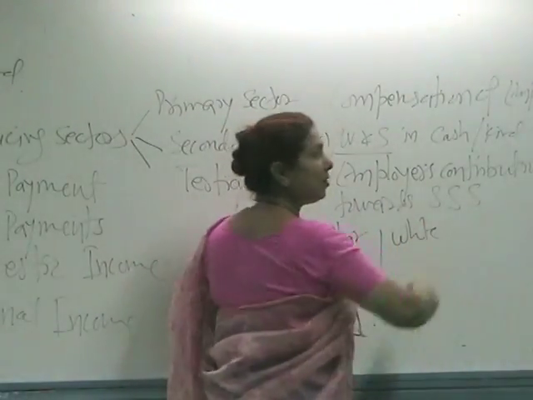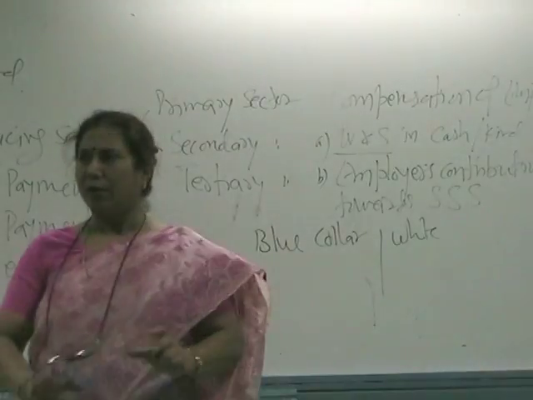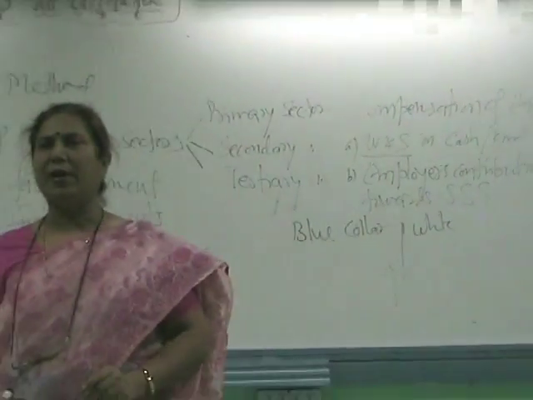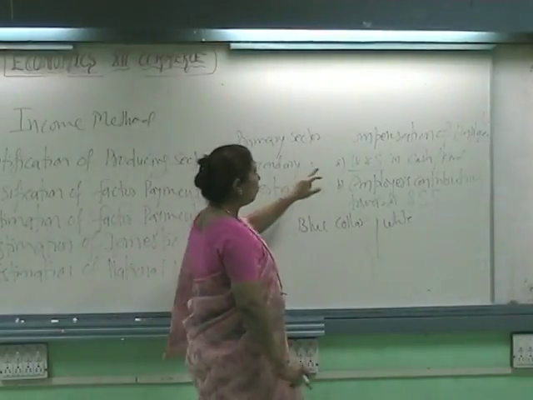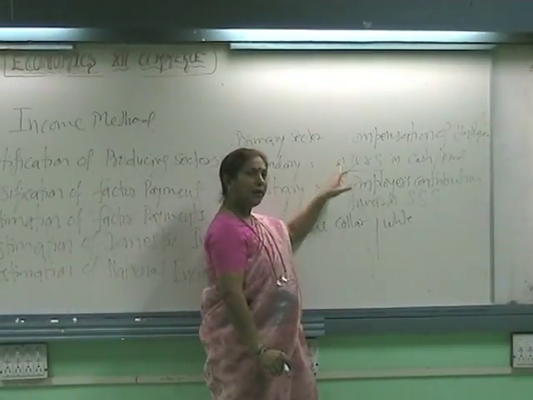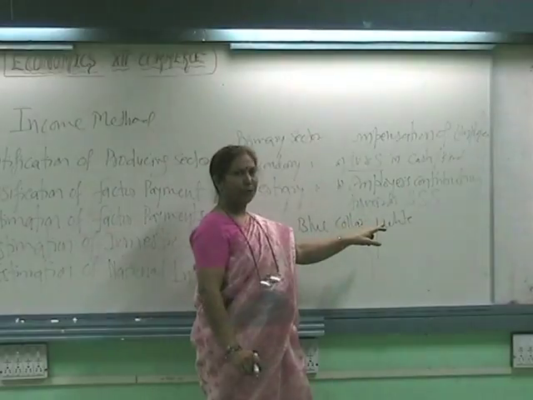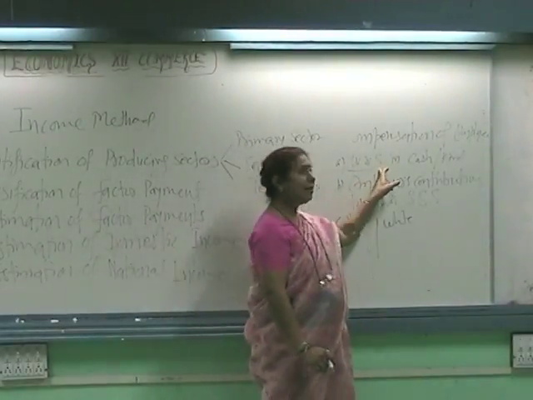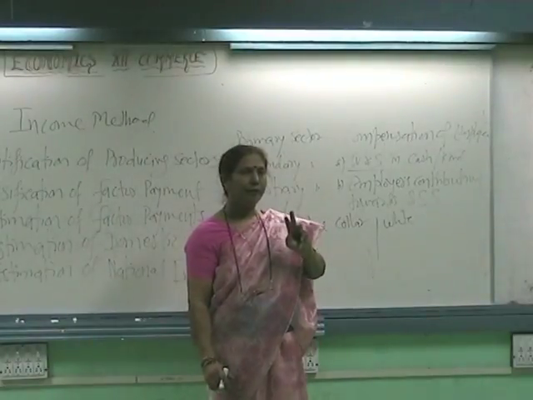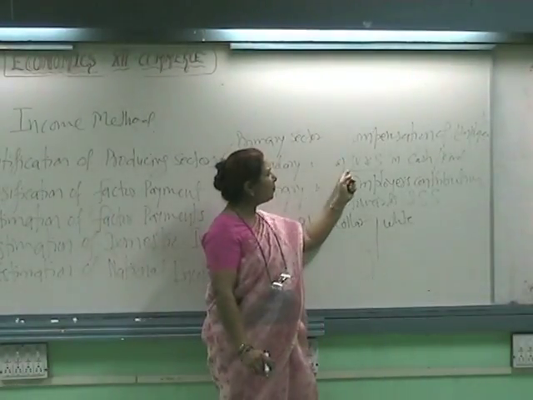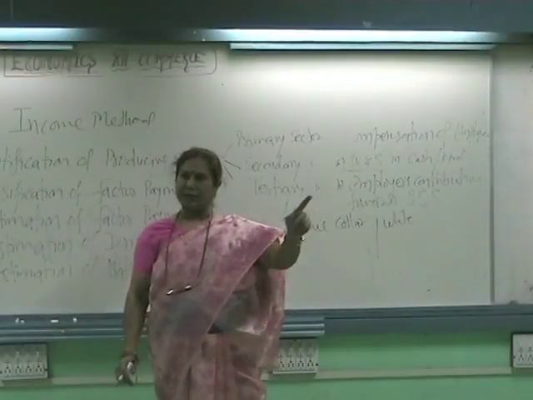White collar job means where you are sitting and doing some mental work. For that we get salary. Usually wages are paid on a daily or weekly basis, while salaries are usually paid monthly. Okay? So this is the difference between wages and salaries.